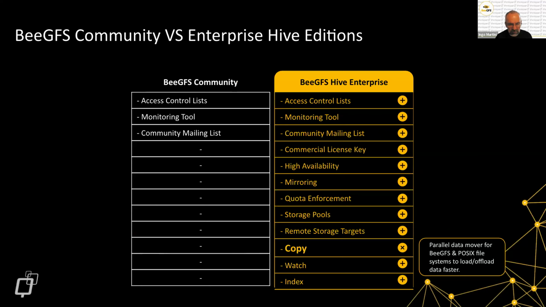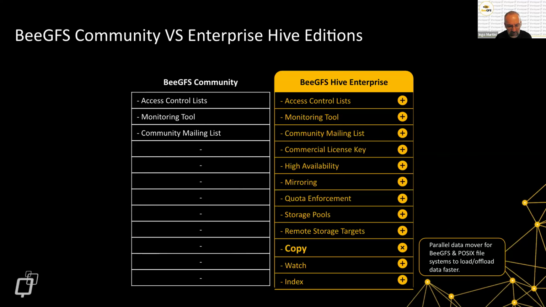The BeeGFS parallel copy tool is part of the BeeGFS Enterprise version. That means if you have an enterprise license for your environment, you also have access to this copy tool. It's important to understand that you need a license on a management server for this, otherwise the tool wouldn't work.